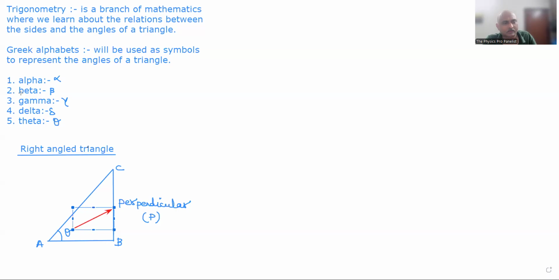Please ask. Now, this AB side is the base of the triangle, base B. Perpendicular P, base B. Base is always at 90 degrees with the perpendicular. And this side is called the hypotenuse, capital H. Clear? Any doubts in the sides of the triangle? Please ask.